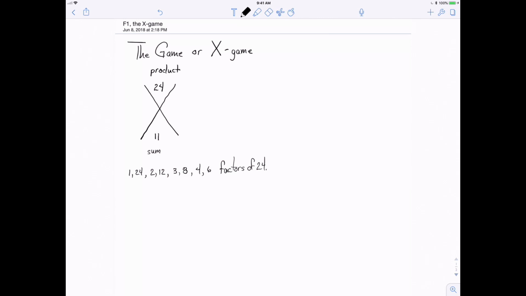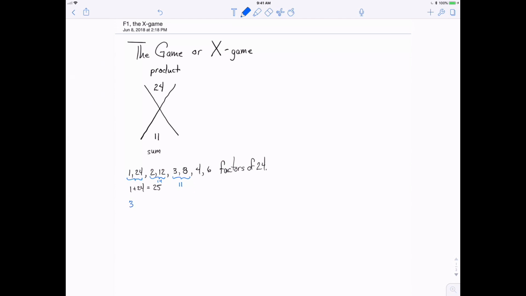So now what we want to find is two factors that actually multiply to 24 and add to 11. So for example, I could take a look at 1 and 24 and notice that that gives me 25. So that doesn't work. Now if I look through each of these, and I'll keep them in their groups of 2, so 1 and 24, that's 25. 2 and 12 is, let's make a note, that's 14. 3 and 8, there's my 11.